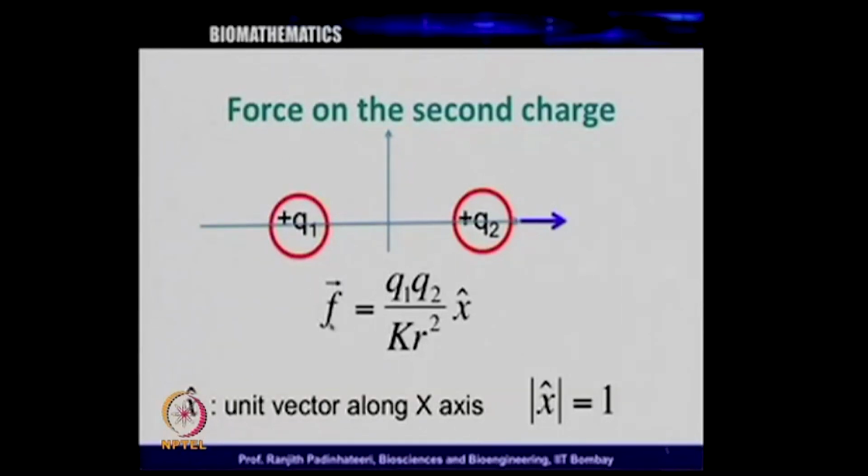Any vector is typically represented by an arrow on the top. This is the mathematical representation of a vector. And the value of the force is, as we know, Q1 Q2 by k r square.